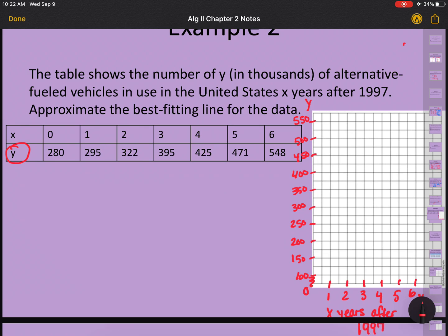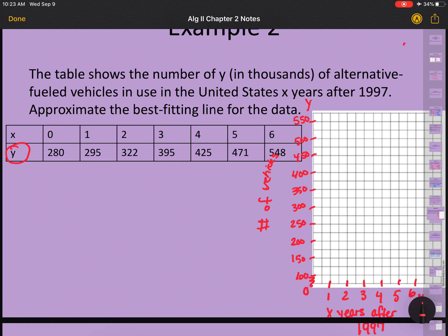And then this side was for the number of vehicles. And that's in the thousands.